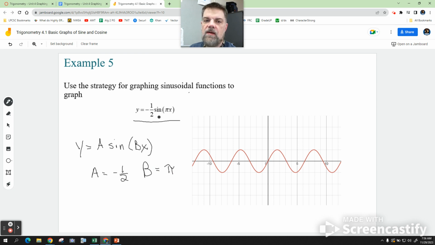So let's unpack A. Because A is negative, we'll flip it, and because the absolute value of A is less than 1, it compresses it vertically.